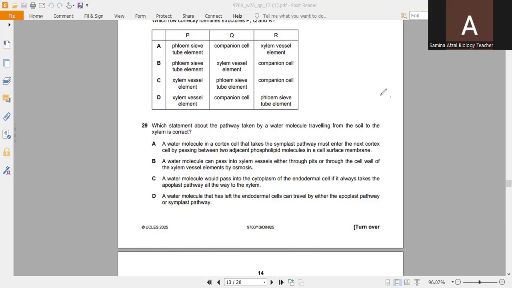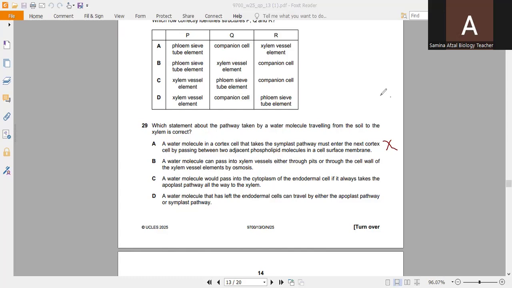So it is incorrect. A water molecule in the symplast pathway moves from cell to cell via plasmodesmata, cytoplasmic channels, not by constantly crossing the phospholipid bilayer of adjacent cell membranes. So this is an incorrect statement.